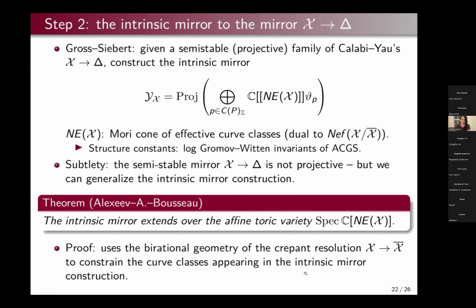And by convergence properties, I mean that in this mirror construction, there are structure constants which are obtained as counts of punctured log maps. We show that when you fix a curve class, you can obtain only finitely many such punctured log maps and things converge, so we can extend this.